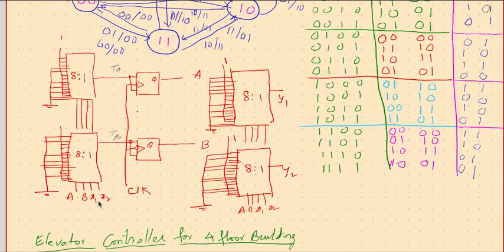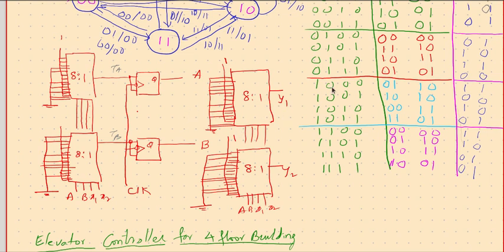So AB, X1, X2 will decide which input is connected to TA and TB, and accordingly on the next clock TA, TB will excite the two flip-flops, and A and B values change according to what you have dictated.